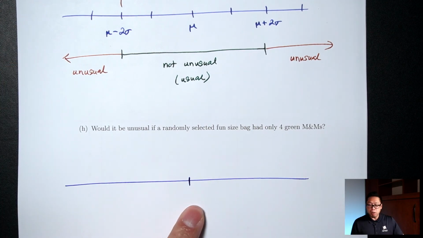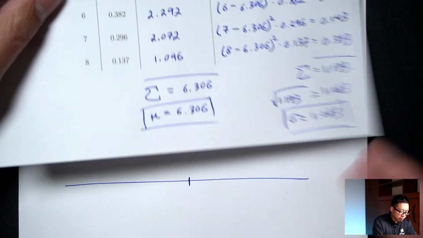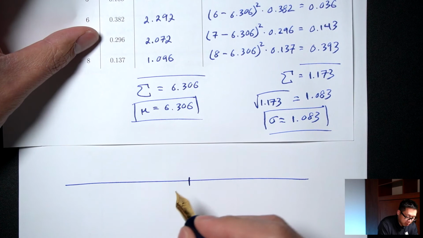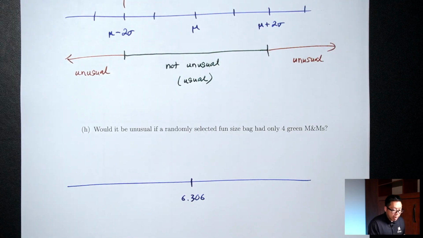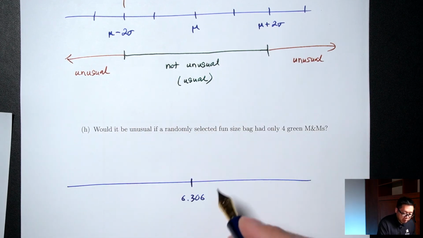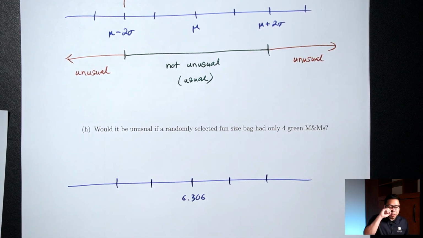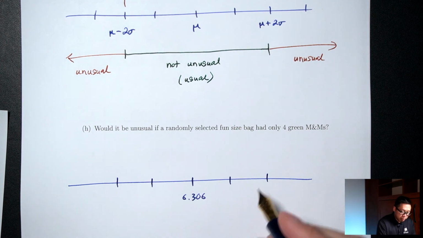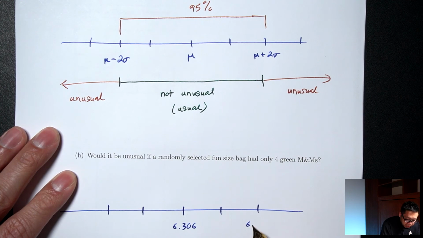Put the mean in the middle. Our mean was, from the previous page, 6.306. And then I only need to go 2 up, 2 down, because I only need the 95% range. So 2 up, the way to get that would be the mean plus 2 times the standard deviation.